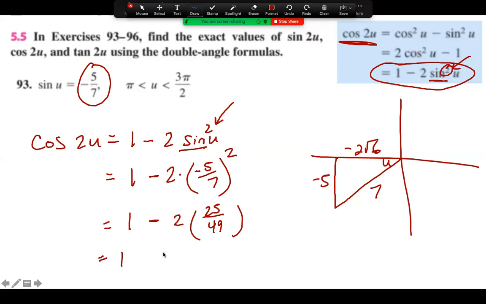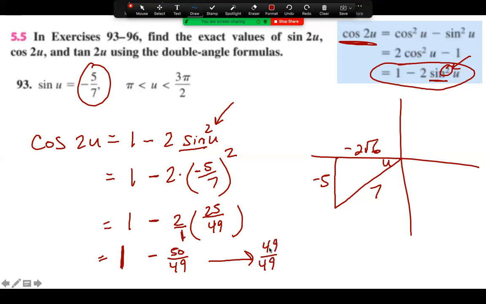So now I have 1 minus, remember this 2 here is like 2 over 1. So 2 times 25 is 50. 1 times 49 is 49. Like we talked about in class, if you have one whole minus a fraction, use whatever the denominator is on that fraction and make an exchange. One whole is 49/49, right?